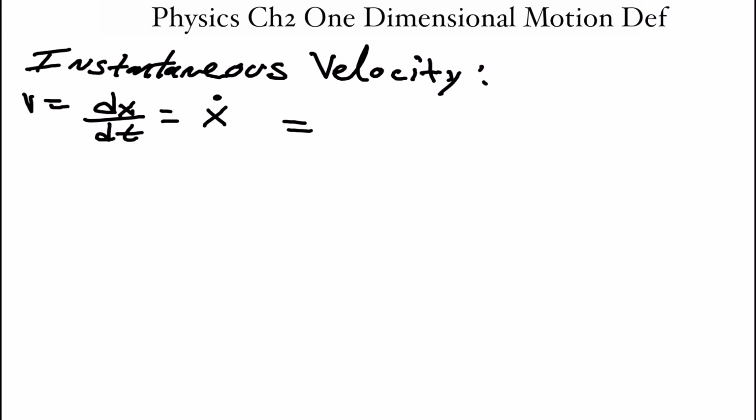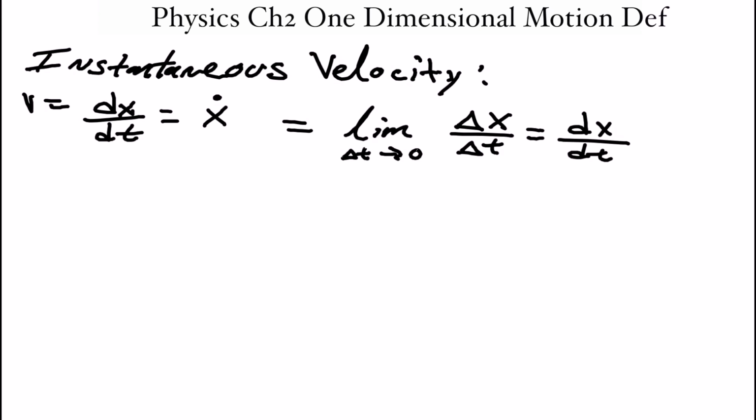So this is equal to the limit as delta t approaches 0 of delta x over delta t, which equals dx over dt.